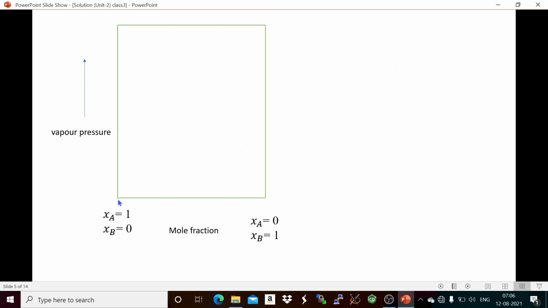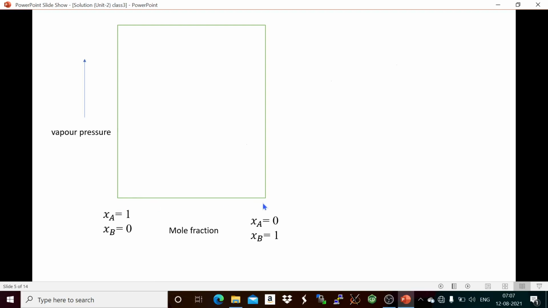So here only pure component A is present. Here XA is 0, XB is 1. That means only pure component B is present. So mole fraction of A increases from right to left, mole fraction of B increases from left to right.